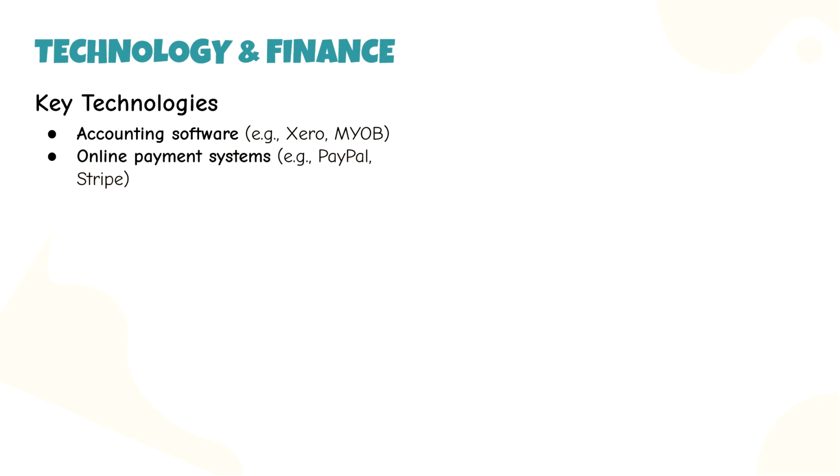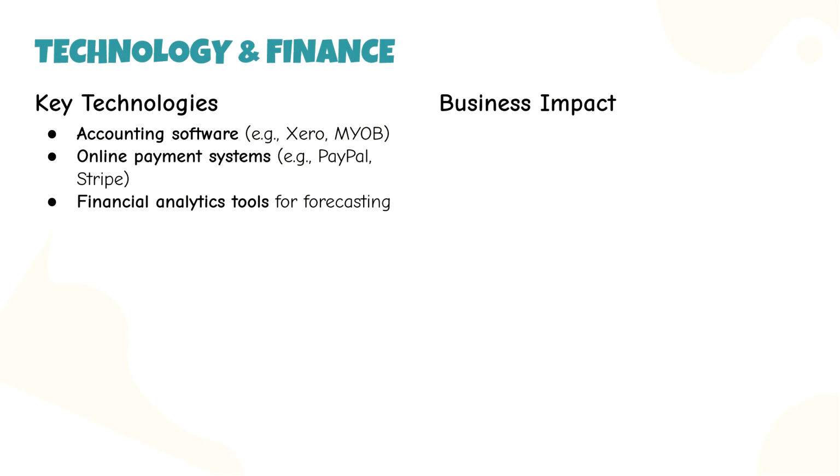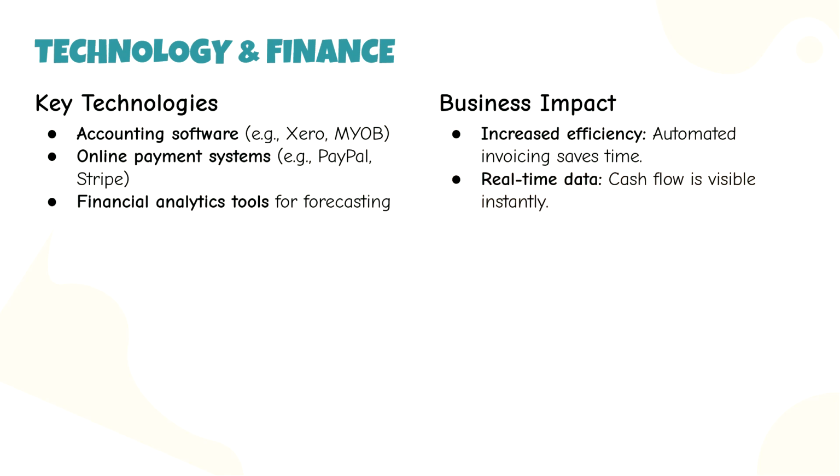Now, they use online payment systems to pay suppliers such as PayPal and Stripe, as well as financial analytical tools in order to forecast demand. Now, how does this impact the business? There's increased efficiency. Using automated invoicing, such as Xero and MYOB, does save time.